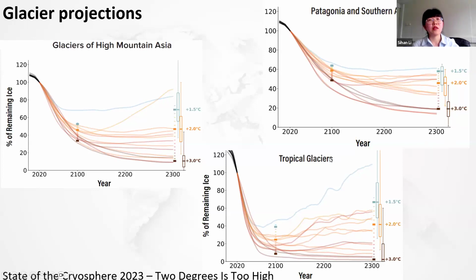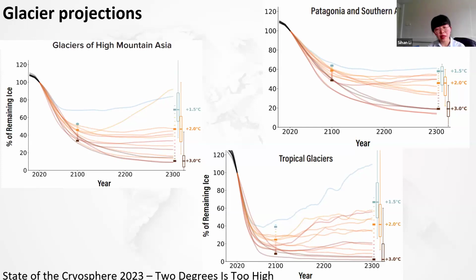Whereas for the tropical glaciers, the reality is that as of 2023, these tiny glaciers near the equator in Africa, South America, and Indonesia have already lost most of their ice, and those glaciers that remain are already quite small and at very high altitude, which helps protect them from the warming. And according to these projections, at least some of these very small patches of remaining ice likely will be preserved at 1.5 degree warming. And these are super important because they are of really high symbolic importance to the local communities.